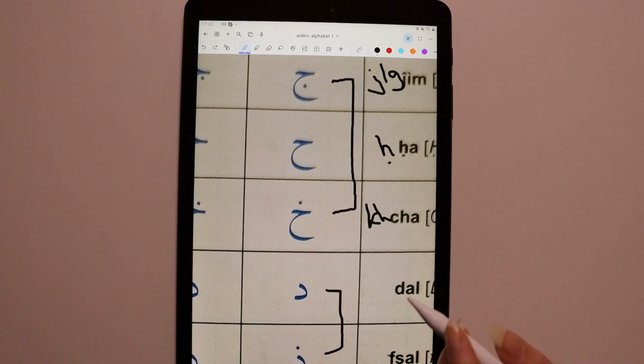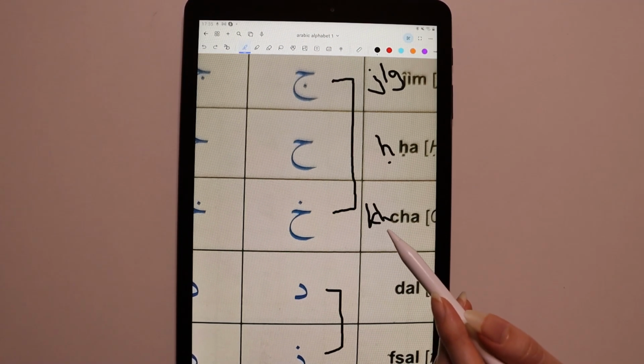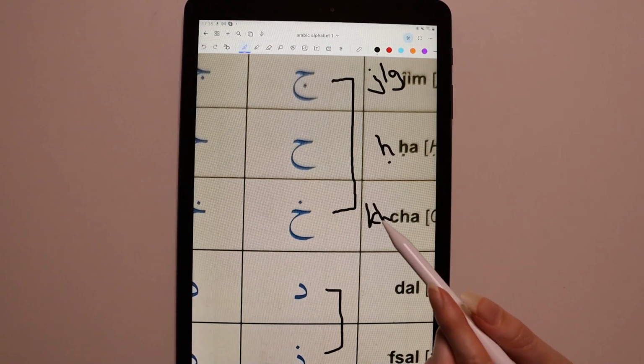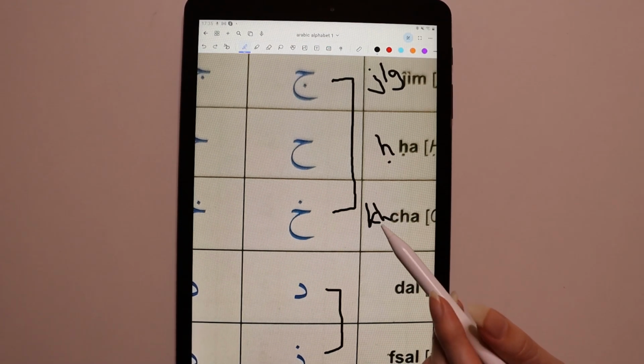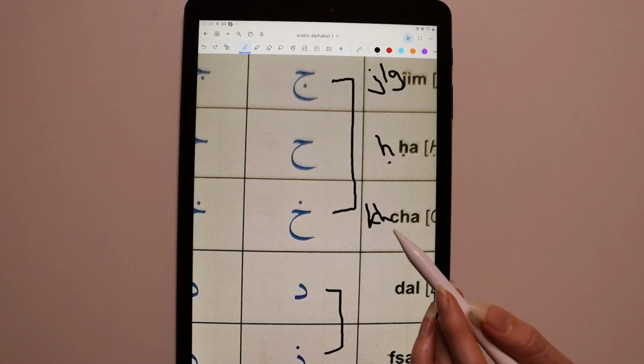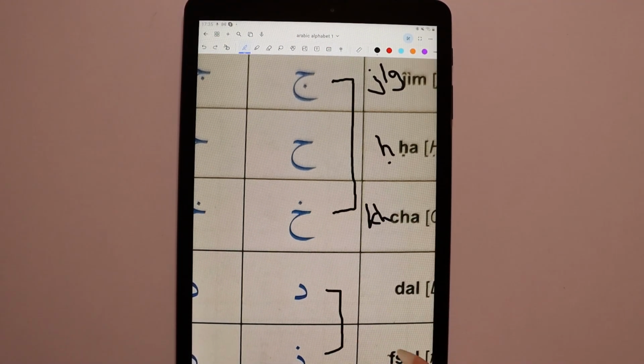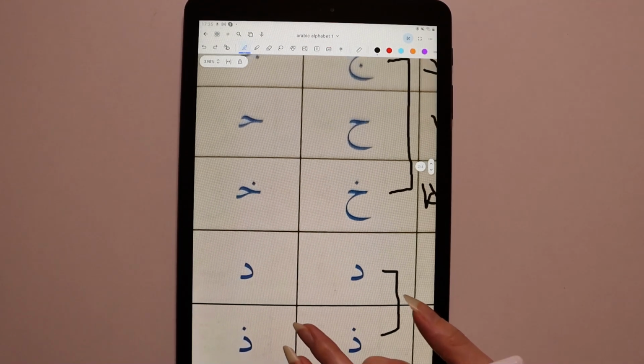Or khair, so bikhair. Khair means goodness, roundabout. And so bikhair, when someone asks you how you're doing and you say bikhair, this means good. So yeah, this is the KH sound, the cha.